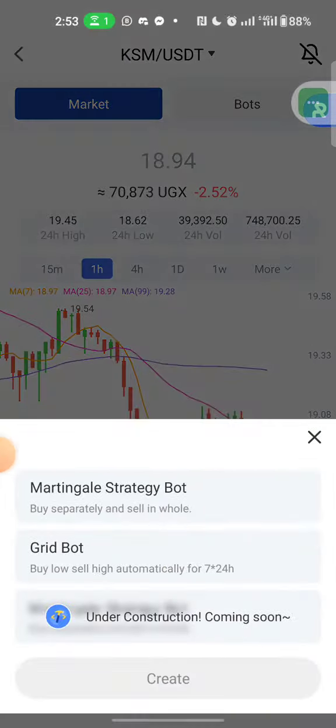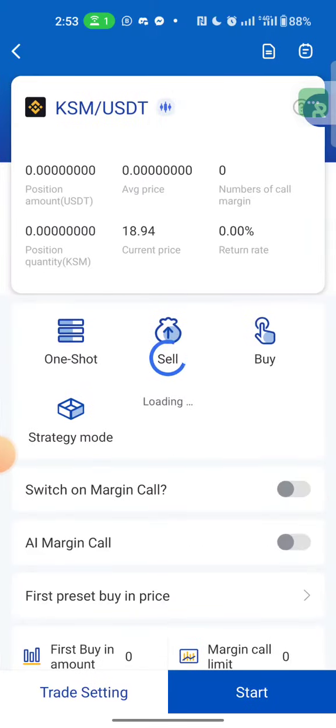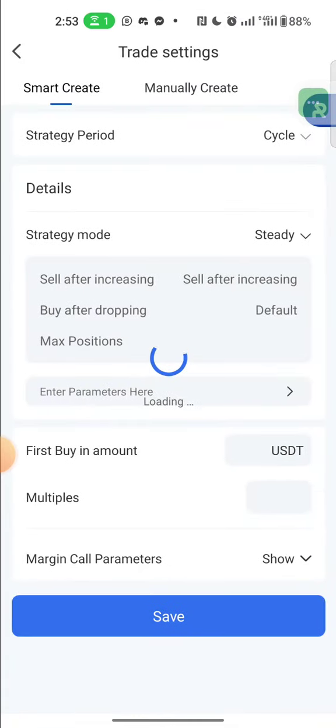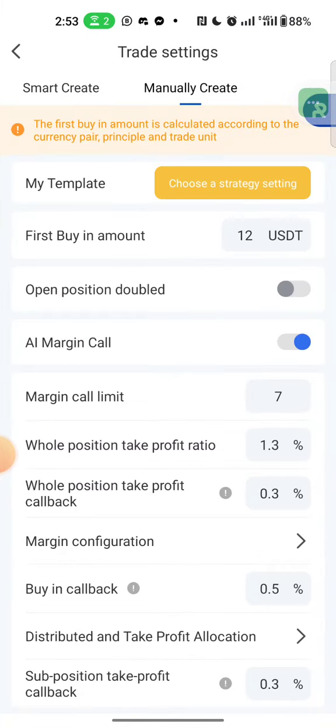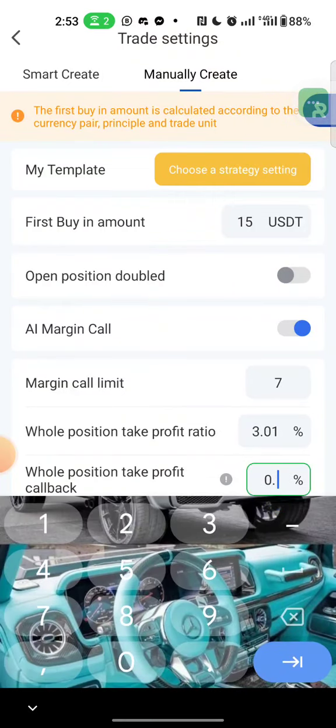For example, martingale bot, create a strategy. I'll just go to setting up. My focus on setting up my coin will be this first buying amount. If my first buying amount is 15, and this coin sells, the main point is that the take profit is 3.01 and the callback is 0.01.